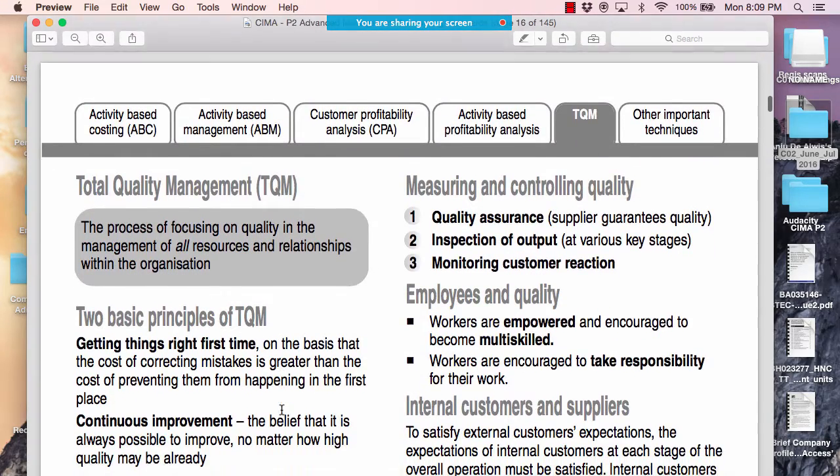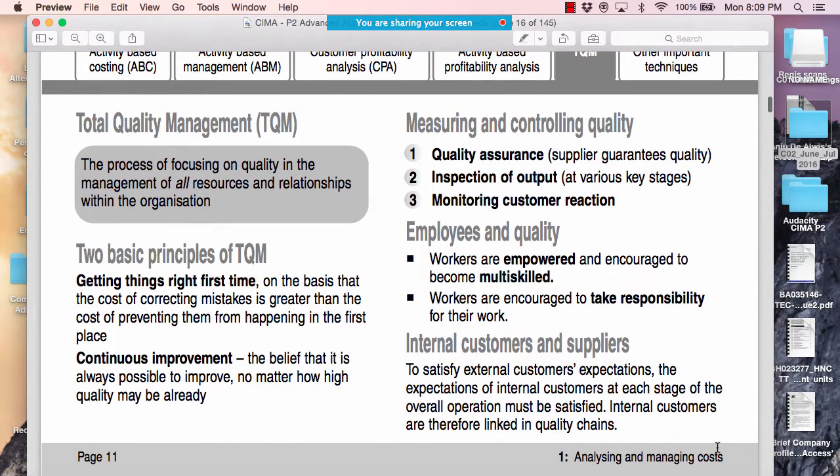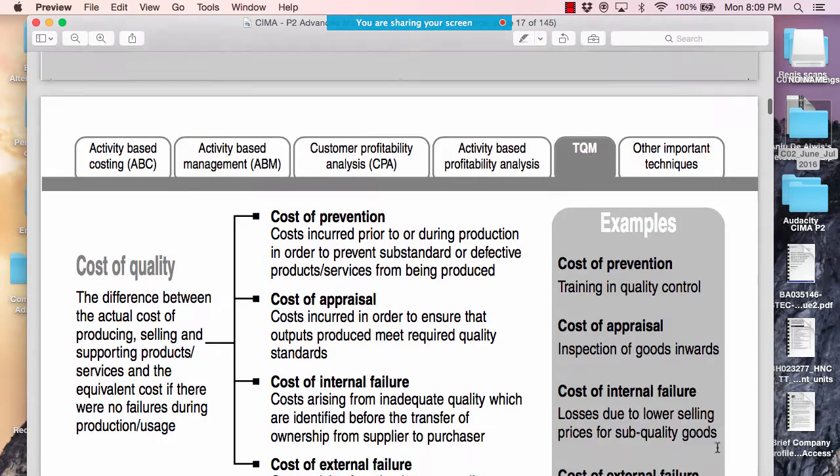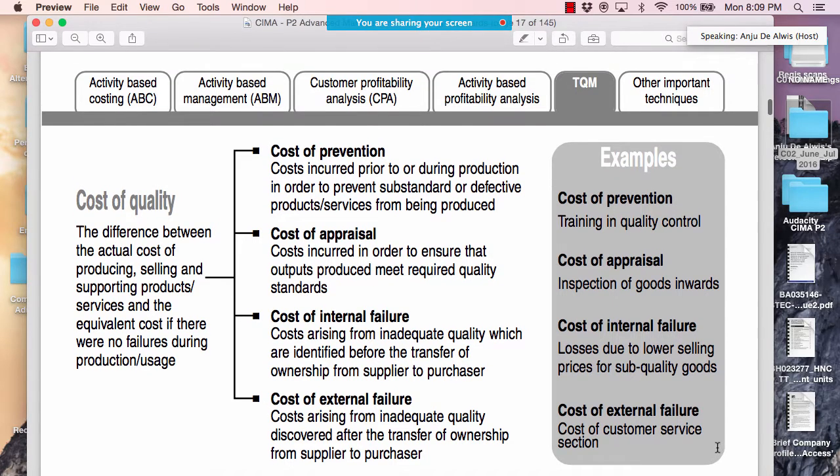Total quality management, we looked at that, and TQM a little bit more. Cost of quality, I have seen this as well. What are the 4 key areas of cost of quality: prevention, appraisal, internal and external failures, right?